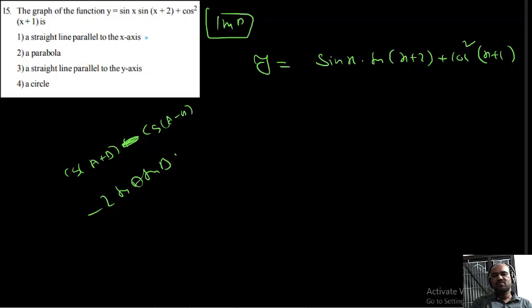Here I want 2, that's why multiplying by 2 on the other side: 2y equal to 2 sin x into sin of x plus 2 plus 2 cos square of x plus 1.